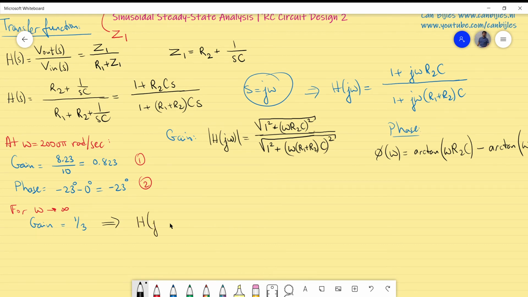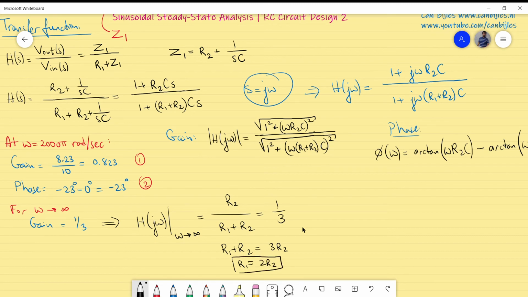H of omega, with omega approaching infinity, will be R2 divided by R1 plus R2. And this must be 1/3. So I can say the following about this. If I now rewrite the expressions, I will have R1 plus R2 is equal to 3 times R2, and this will be R1 is equal to 2 times R2.